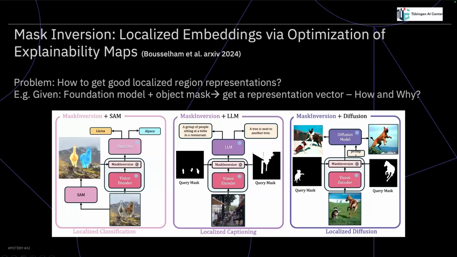The idea this paper started with is, assume you have an image, like for example this one, and you are given a mask for a certain object, like for example this animal. Now you want a representation only for the area under the mask, a representation for exactly this region. How would you do that?